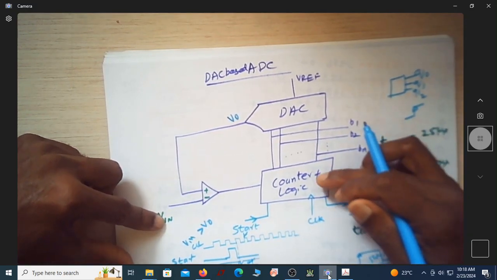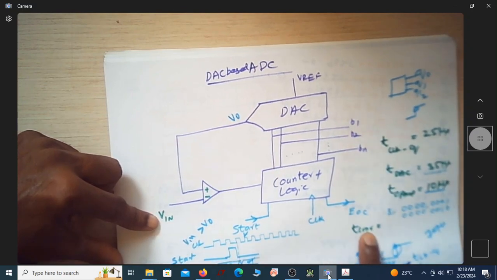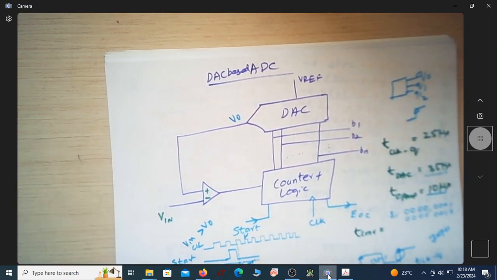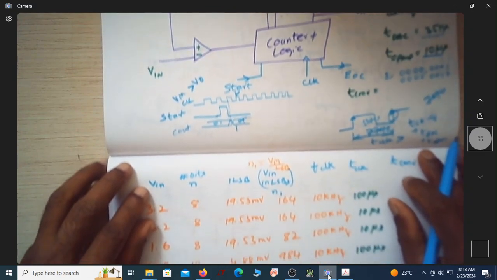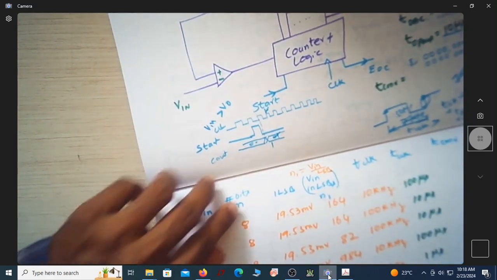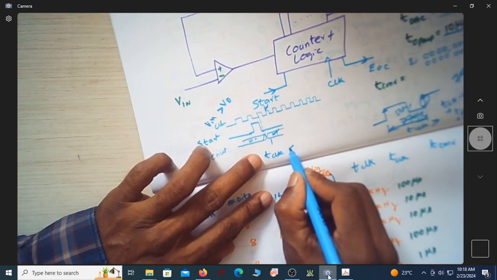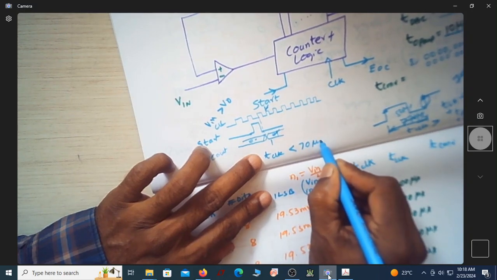If it is less, it takes less time. So the conversion time depends on the input voltage. Now let us take an example. What should be my T clock? T clock should be more than 70 microsecond.